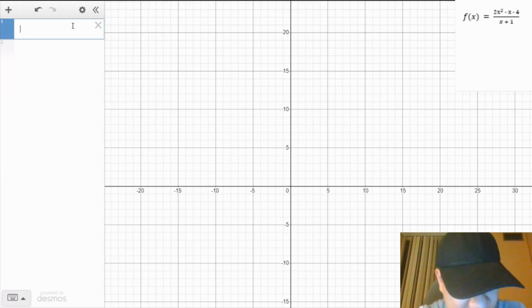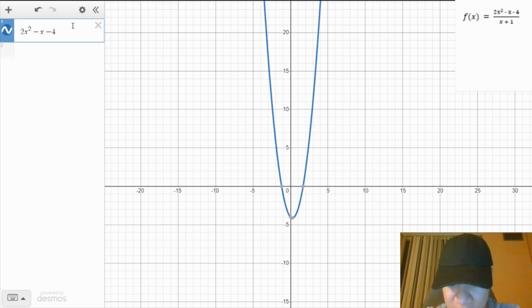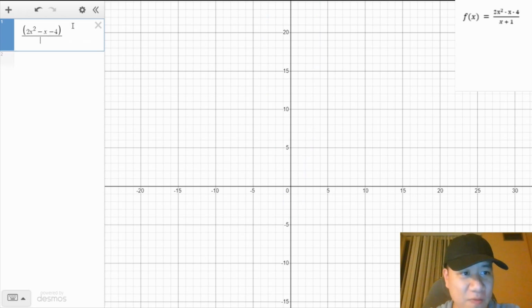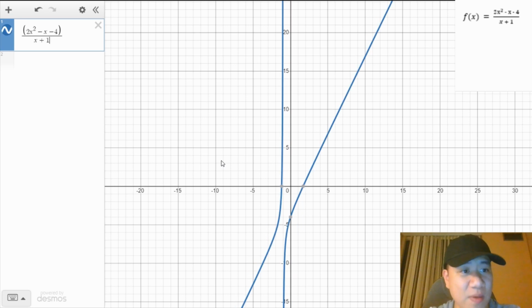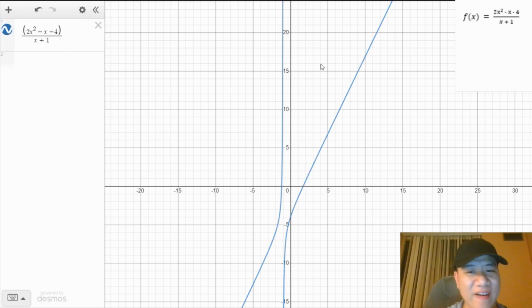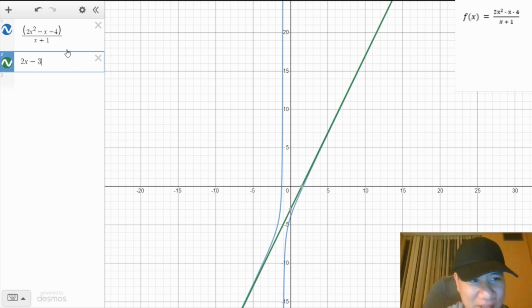So let's substitute in our function. You have 2x squared minus x minus 4, all over x plus 1. Alright, so we have this neat little thing, along with our oblique asymptote.